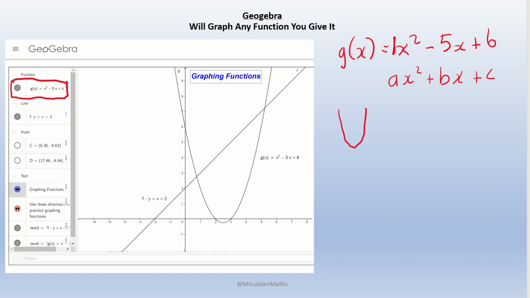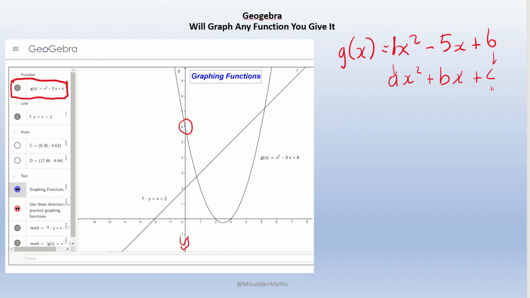I know that the 6 here, which is my c, is where it's going to cross the y-axis. And if I check the y-axis here, remember that this is the y-axis, the vertical one, it does cross it at 6. So we know that that is correct as well, that it's lined up.